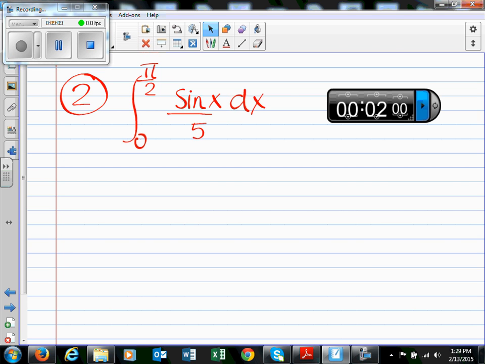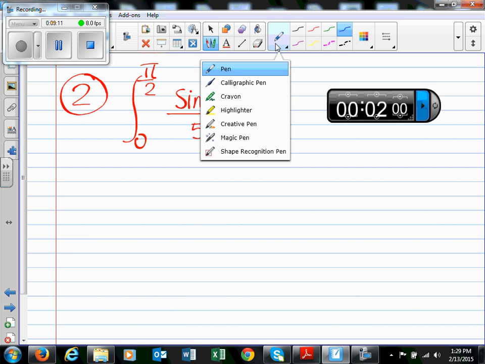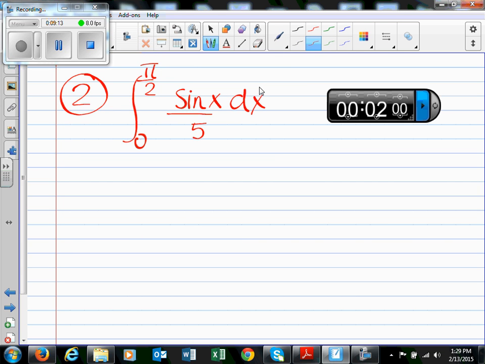Okay. So here, remember, we have to take the unit circle. So what do you get for the antiderivative of sine x? Cosine x. Good. What about the sign? Is it positive or negative? Negative, correct.